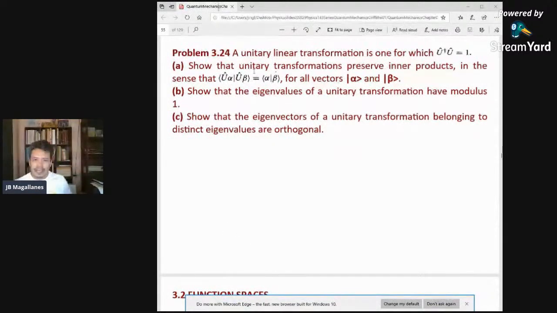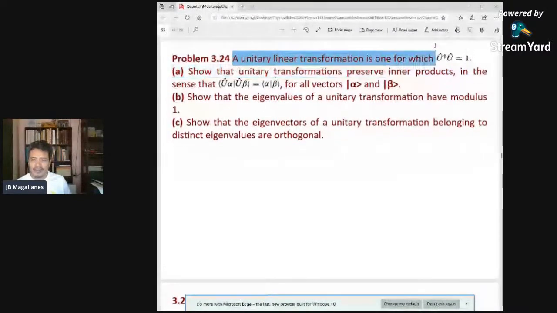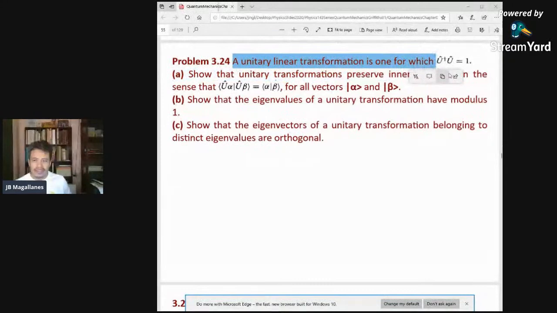In 3.24, you have a unitary linear transformation. You have a unitary matrix such that the adjoint of that matrix, the Hermitian conjugate, multiplied by the original matrix is equal to 1. That's called unitary.